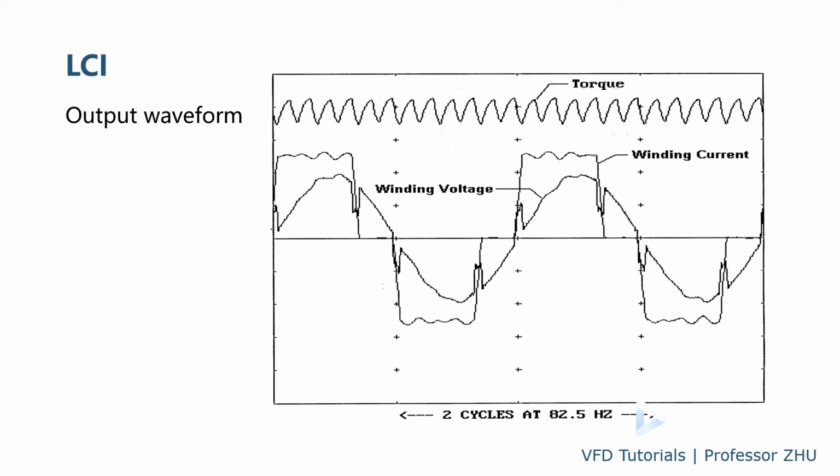The current is trapezoidal, and also the current is leading the voltage. And here is the output torque on the motor side. Because of the harmonics there is a significant torque ripple on the motor side, at 6 times the fundamental frequency of the output current.